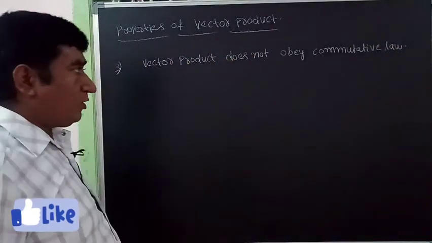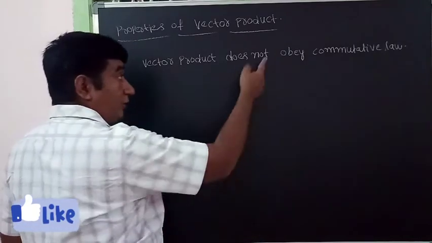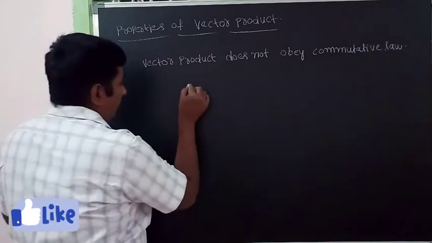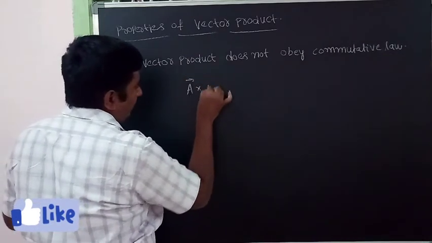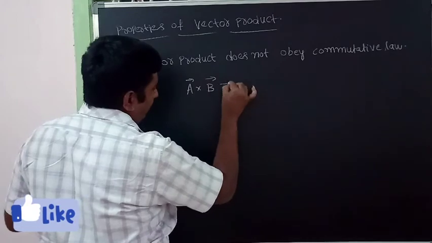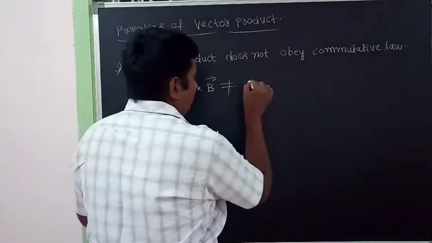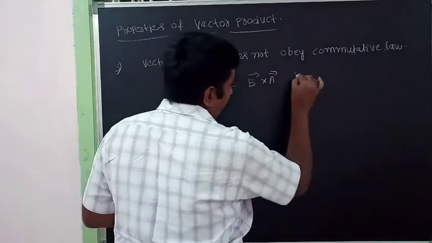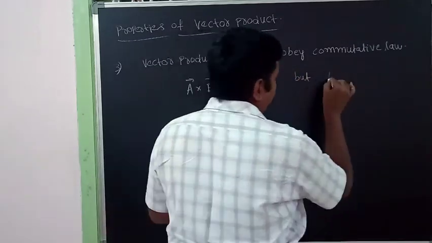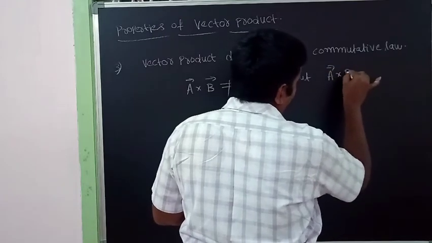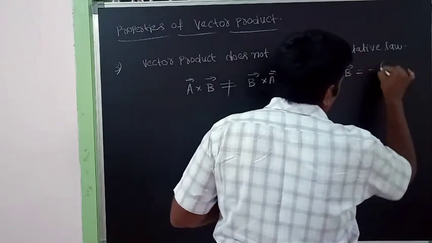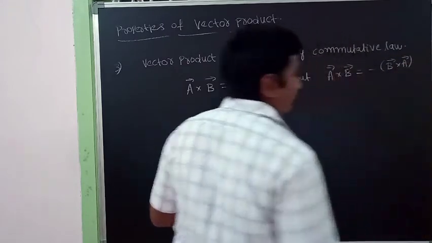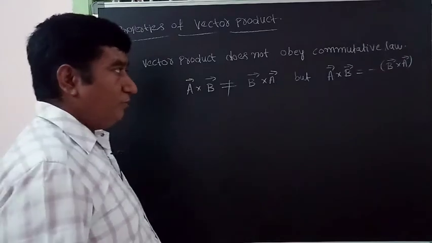In scalar product also this was discussed; in that case we said it will obey, but in this case it does not obey the commutative law because it has both magnitude and direction. A vector cross B vector is not equal to B vector cross A vector, but we can tell here that A vector cross B vector is equal to minus of B vector cross A vector, as in the previous example.